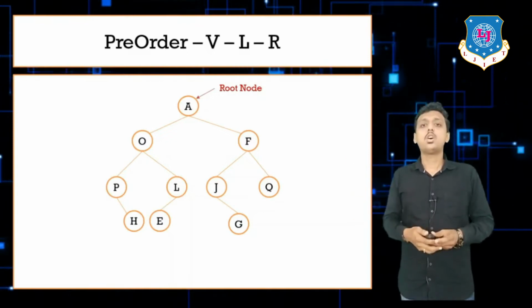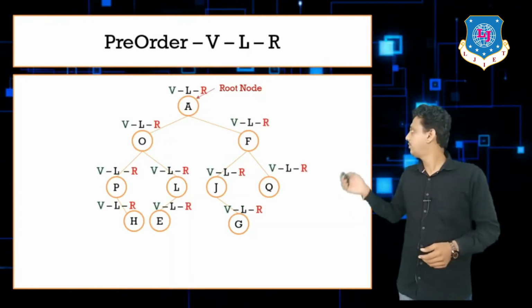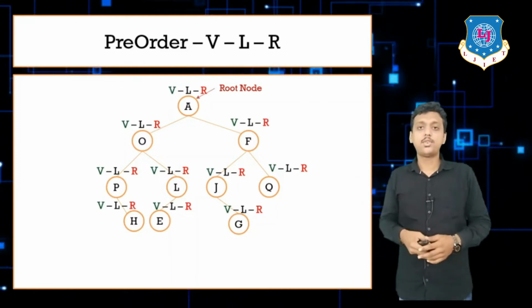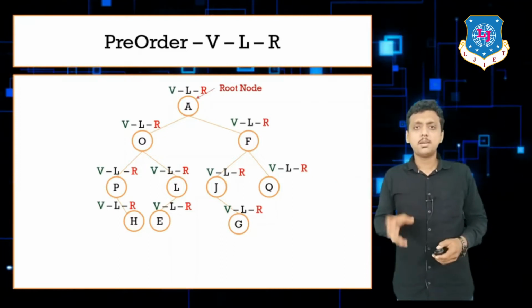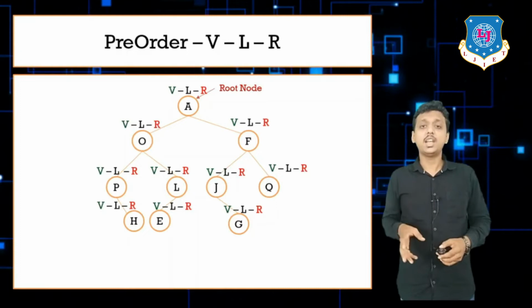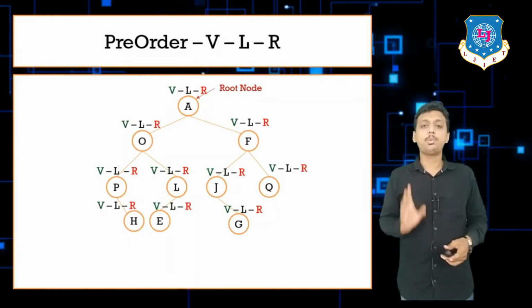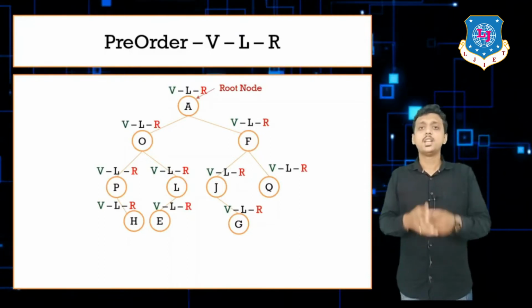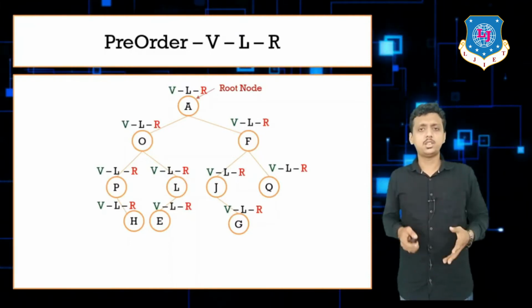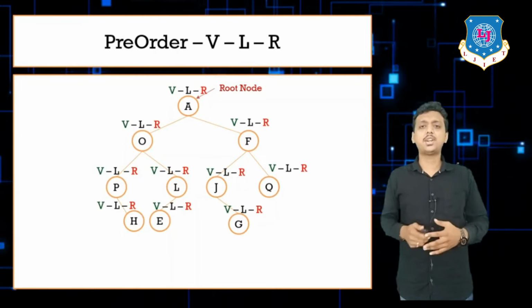So on each and every node, I'm writing VLR, VLR, VLR. Why am I doing this? Because after writing VLR, it is very easy for me to perform the operations. Here, first we need to visit the node and then start the further operations.